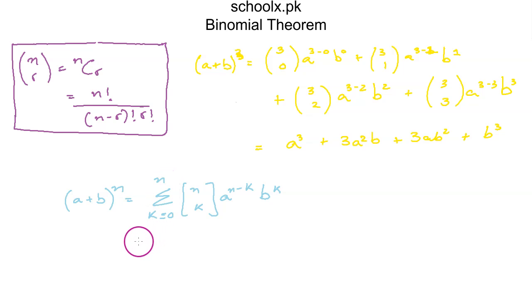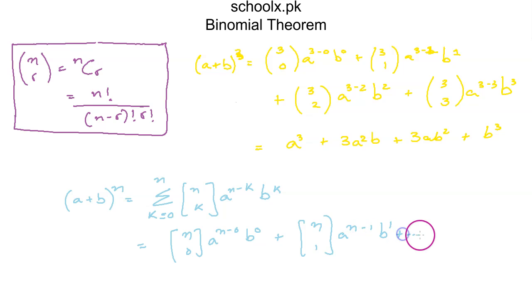For example, if I open it up, I'll get nC0 a^(n-0) b^0 plus nC1 a^(n-1) b^1, and it will keep on going until k equals the value of n, right?